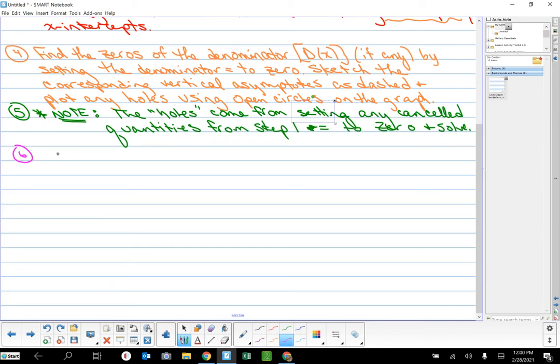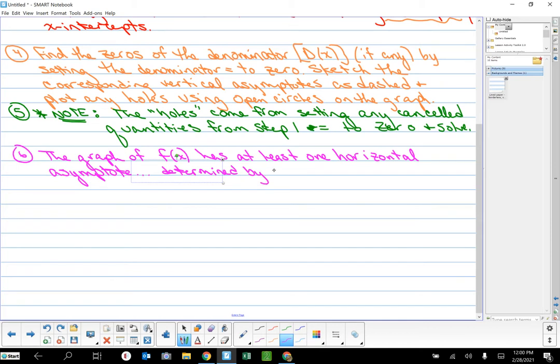The graph of f of x has at least one horizontal asymptote, and it is determined by comparing the degrees of n of x and d of x.